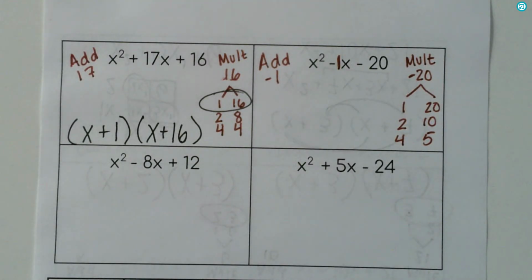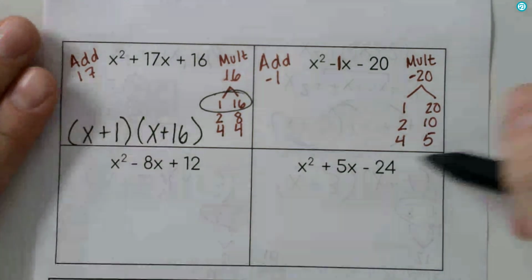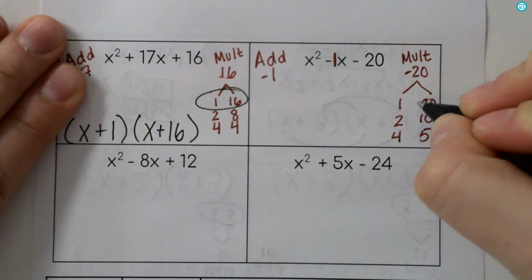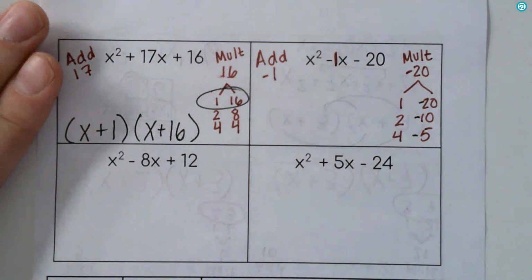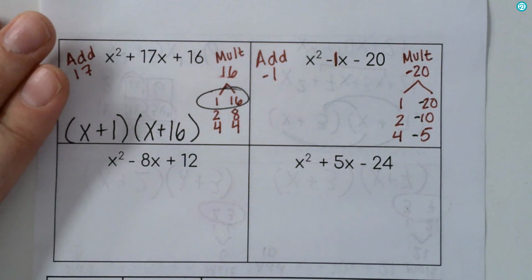Okay, in order to multiply to be a negative, we know that one of our numbers is going to have to be negative. Since we are trying to add to be negative, I like to look at a number line and like look at 0. If I want to end up on the negative side of that with 2 numbers, my bigger one needs to be negative. So since I know I need to add to be negative, if I do my factors like this, I can make all of my bigger ones negative. And then from there, I can pick which set adds to be -1.